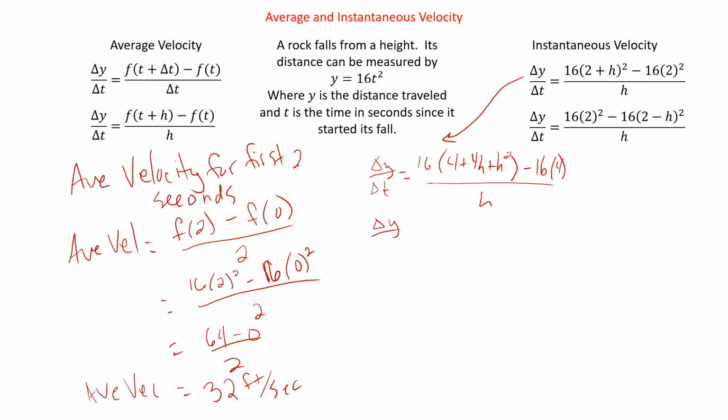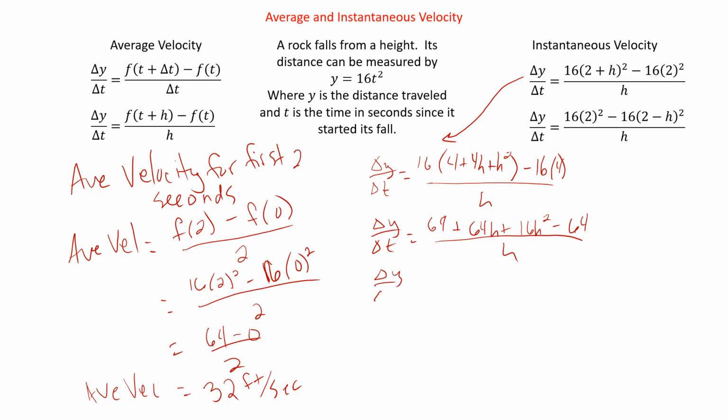Delta y over delta t equals, we can distribute to get 64 plus 64h plus 16h squared, because there's not a 4 in front of that one, minus 64 over h.